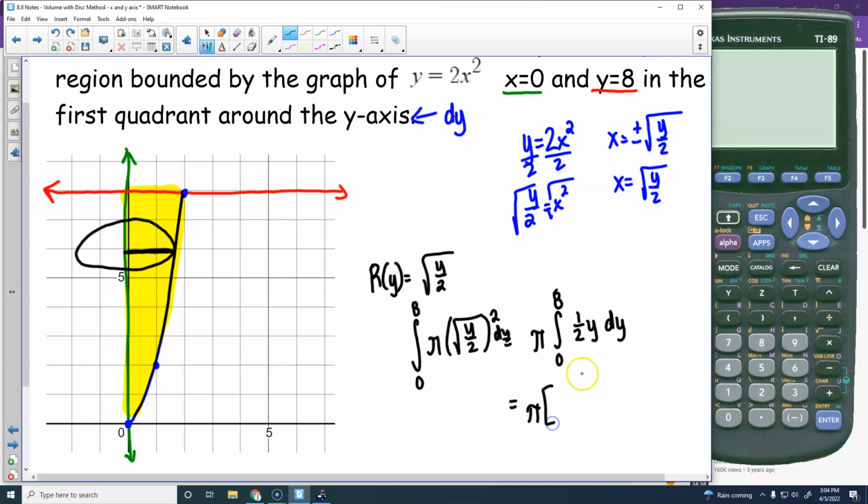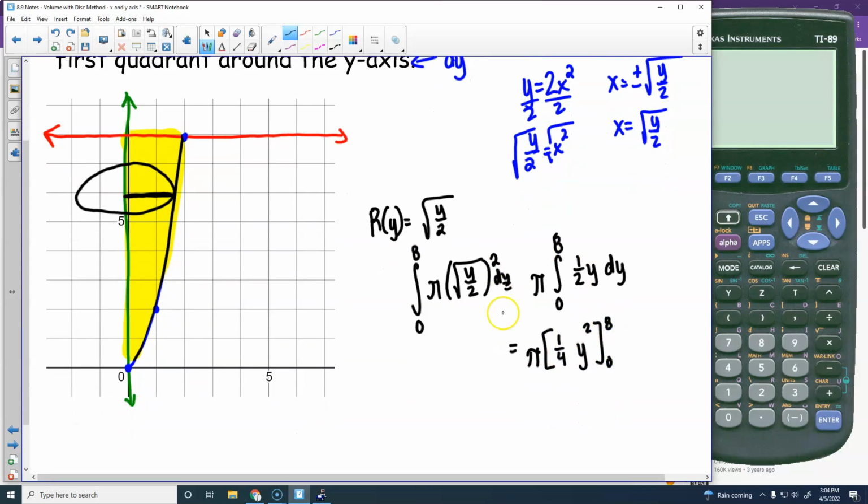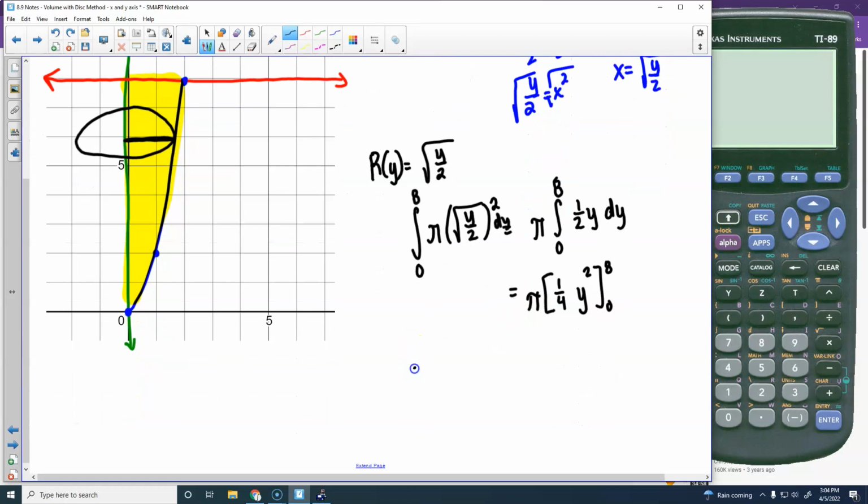So when we integrate 1/2 y, we're going to increase our exponent by 1, so it'll give us y squared. We divide by 2. So what is 1/2 divided by 2? 1/4. And we will evaluate this from 0 to 8. So this one is not too bad to do.